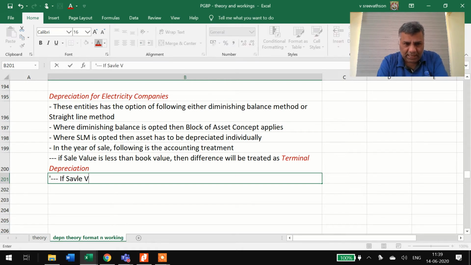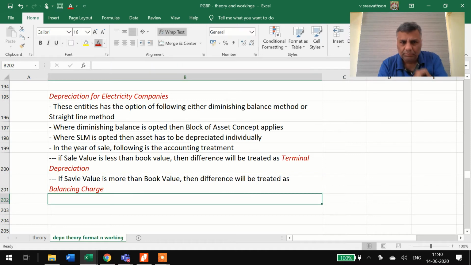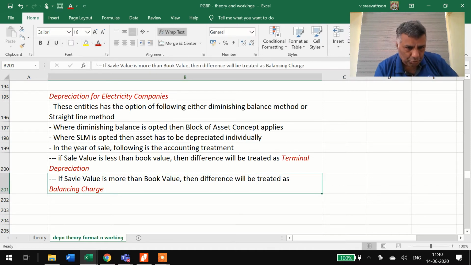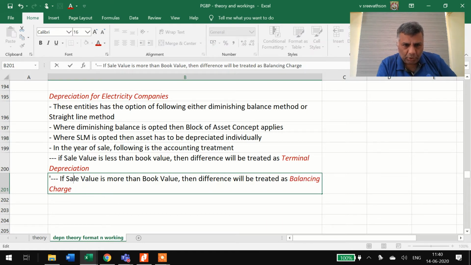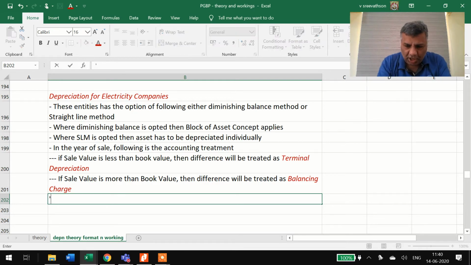If the sale value is more than the book value, then the difference will be treated as income, which we don't call profit on sale of asset. I told you, no such concept. So it is a balancing charge.